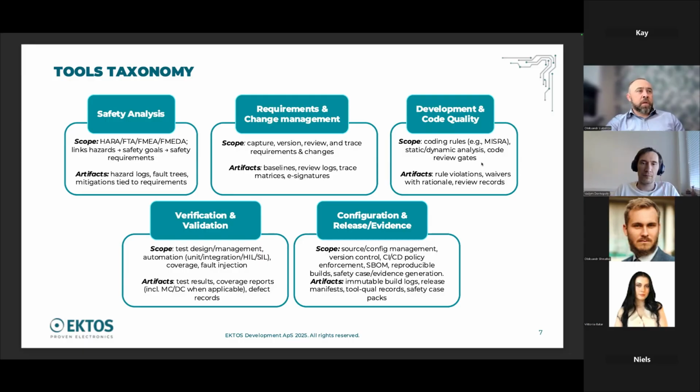And the artifacts we normally obtain from here are rule violations, also waivers and rationales connected to those waivers, so we can understand why the development team was waiving some of the specific decisions or violations we have seen, and also keep regular records about what we did in this process.